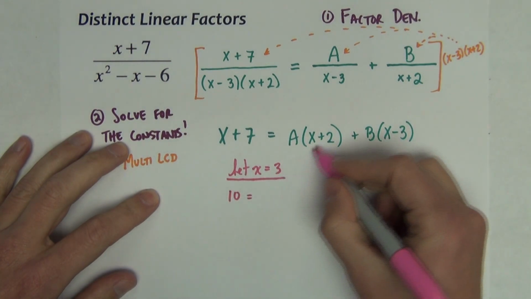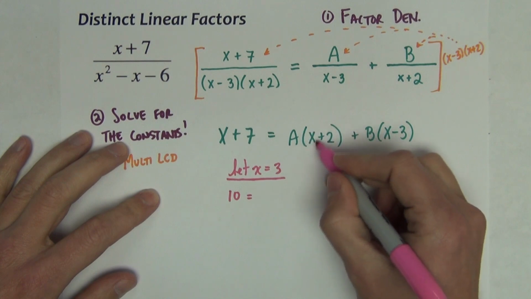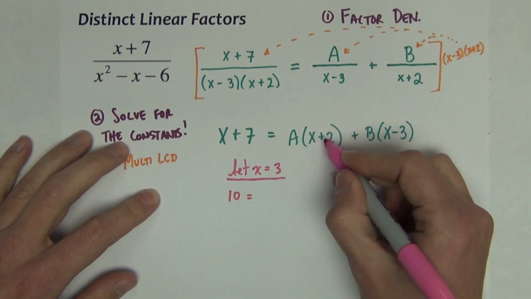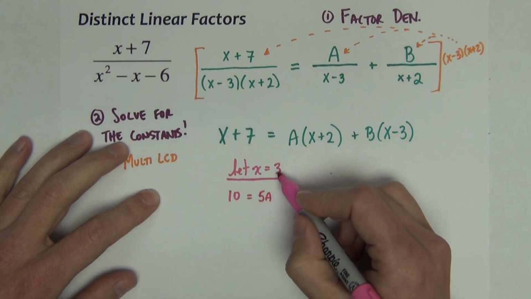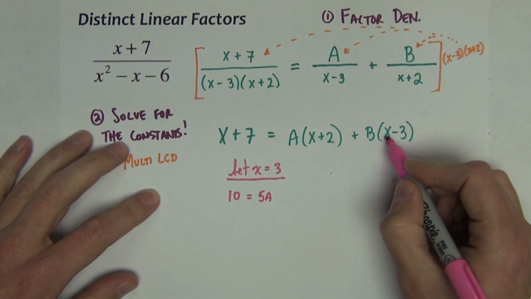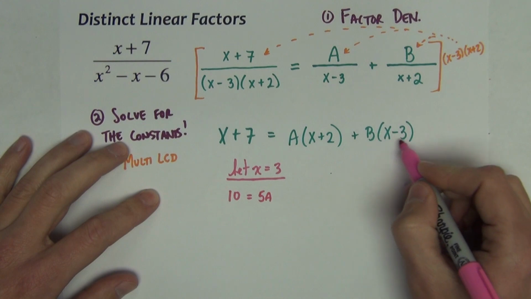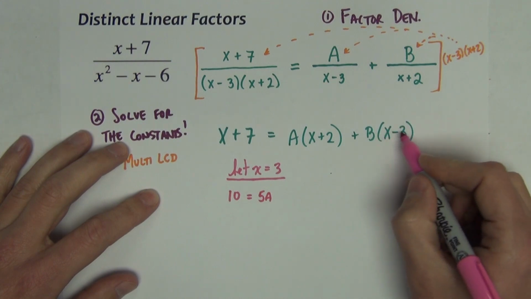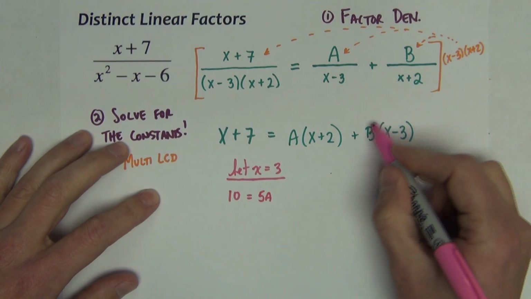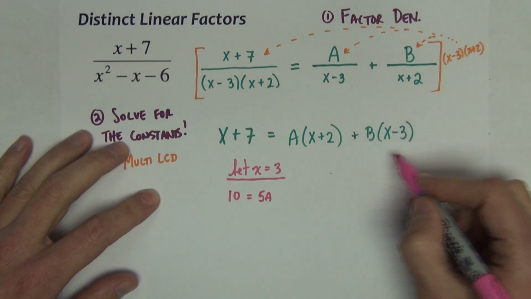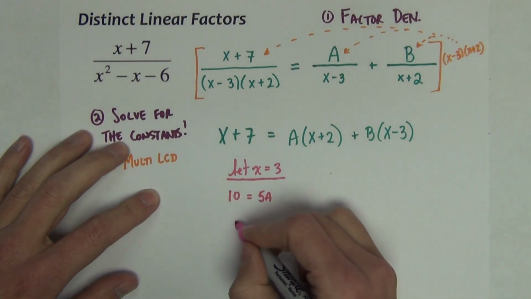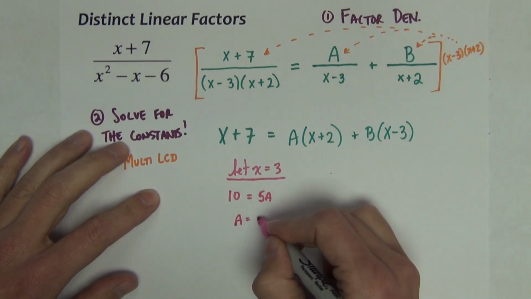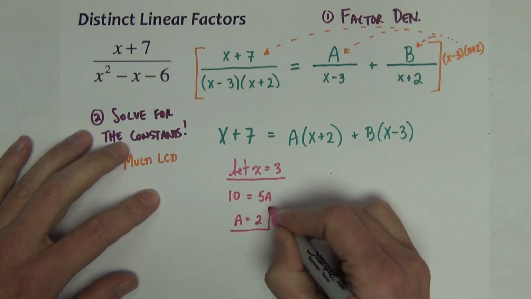If I substitute 3 in for this x right here, 3 plus 2 makes 5, so that term becomes 5A. And if I substitute 3 in for this x, now you see why I chose 3. 3 minus 3 makes 0, and that makes that whole term 0, which means that whole term is gone. So the equation is just 10 equals 5A, and that easily solves for A equals 2.